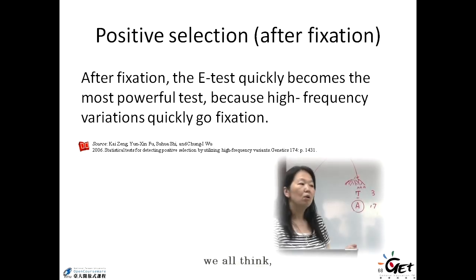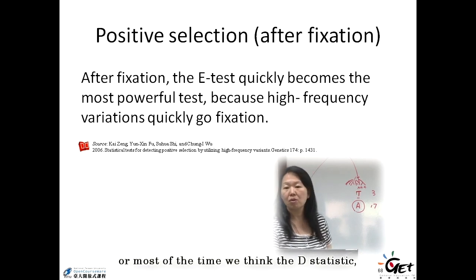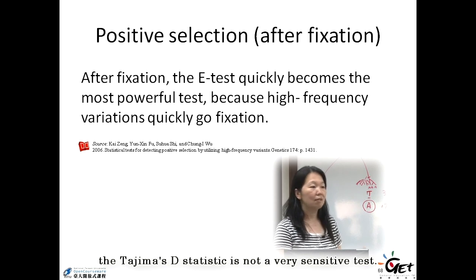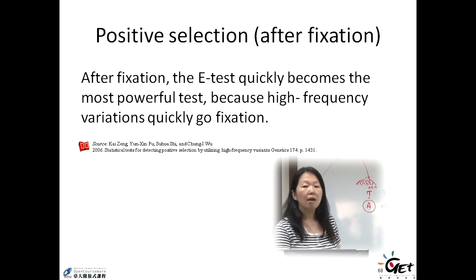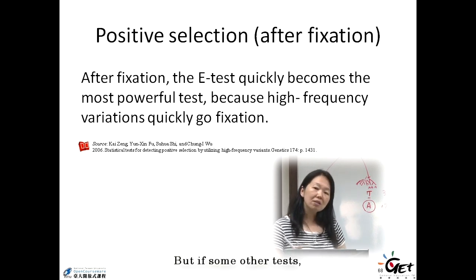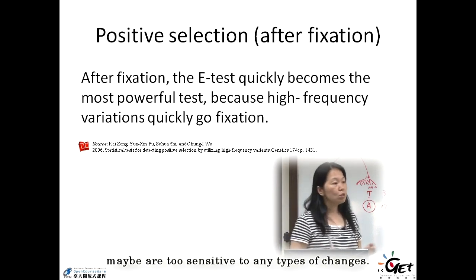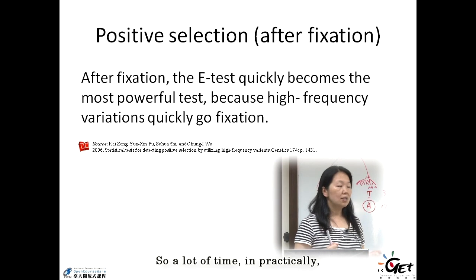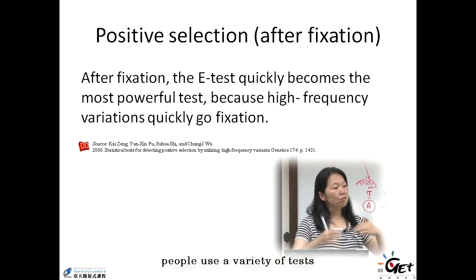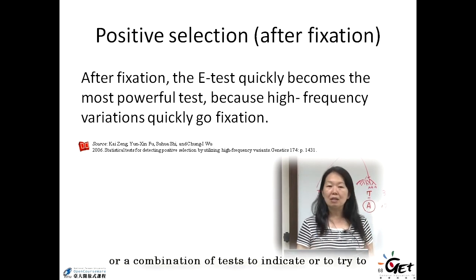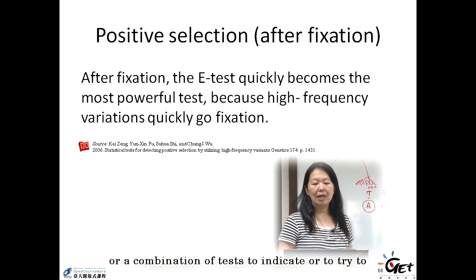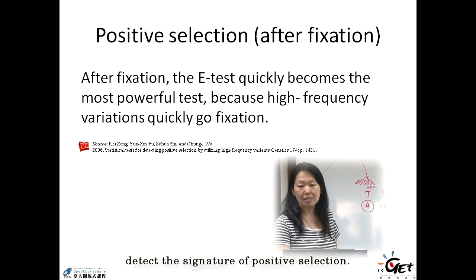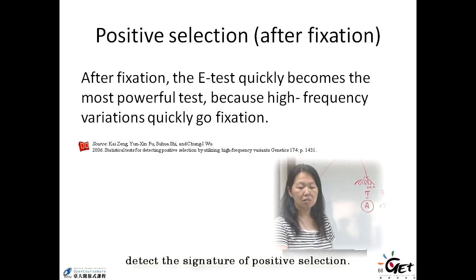For example, most of the time we think the Tajima's D statistic is not a very sensitive test. But some other tests may be too sensitive to any type of change. So a lot of times in practice, people use a variety of tests, or a combination of tests, to try to detect the signature of positive selection.